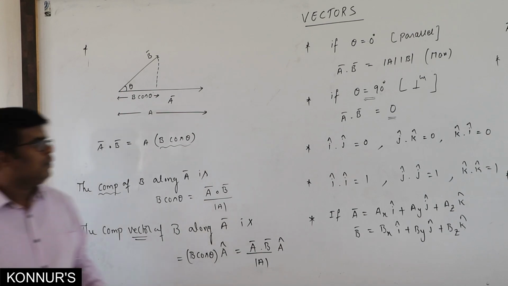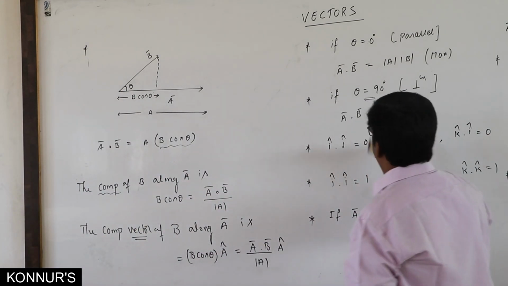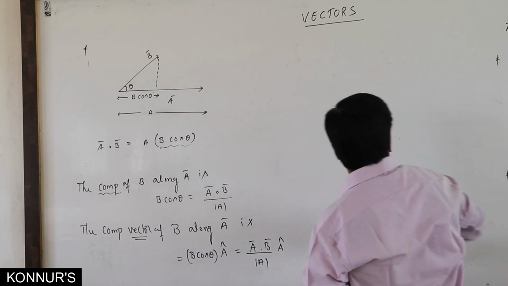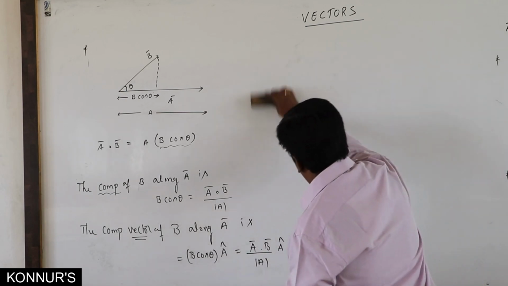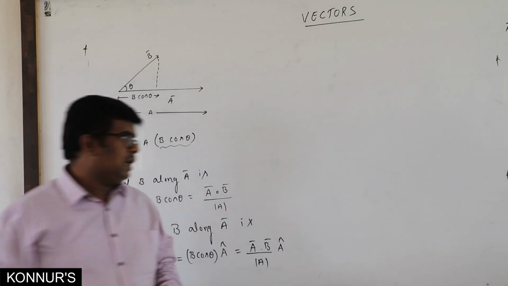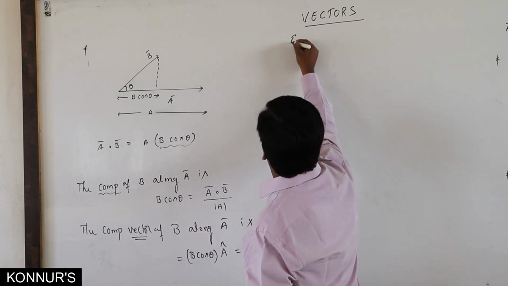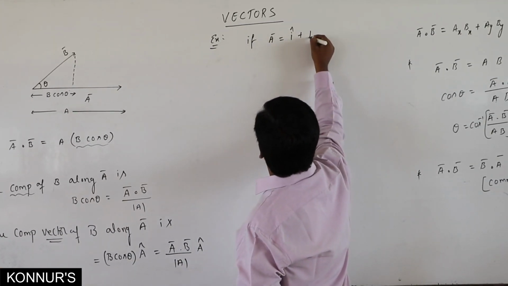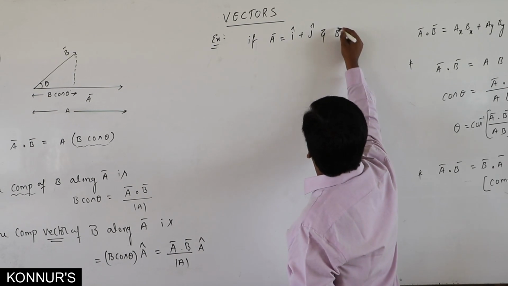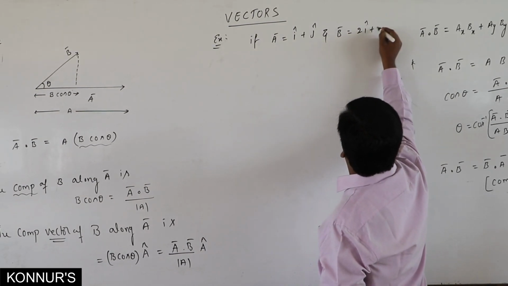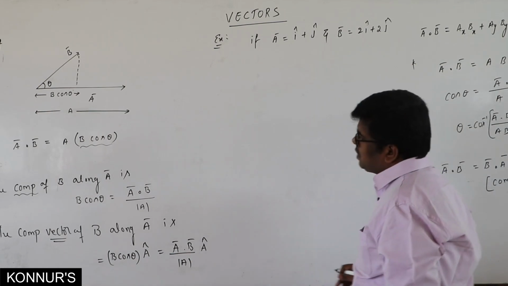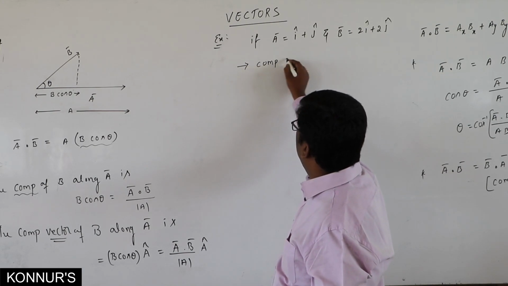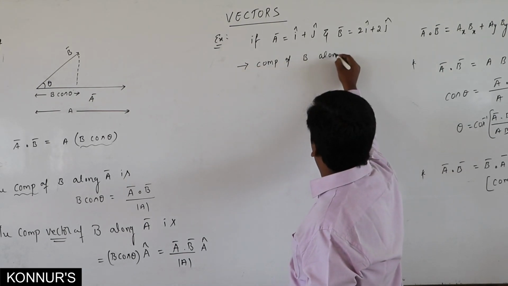One example we can discuss based on this, then you can understand well. Both the component, if they ask, and the component vector, if they ask, how to do each. Let us take an example. If a bar is i cap plus j cap and b bar is 2i cap plus 2j cap. The first question: what is the component of b along a?